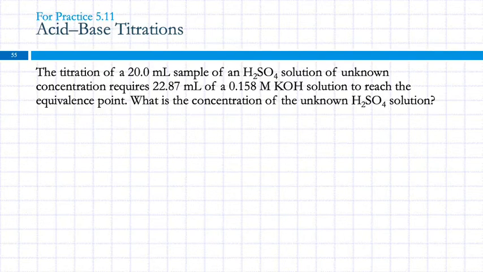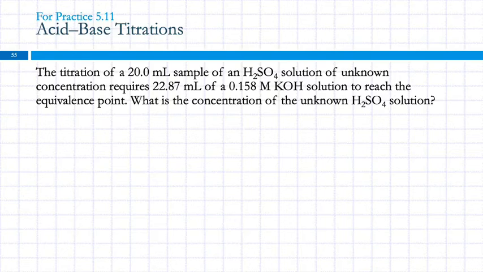So let's do this acid-base titration calculation. The titration of a 20 mL sample of an H2SO4 solution of unknown concentration requires 22.87 milliliters of a 0.158 molar KOH solution to reach the equivalence point. What's the concentration of the unknown solution? I need a balanced chemical equation, which is what we just learned how to do.